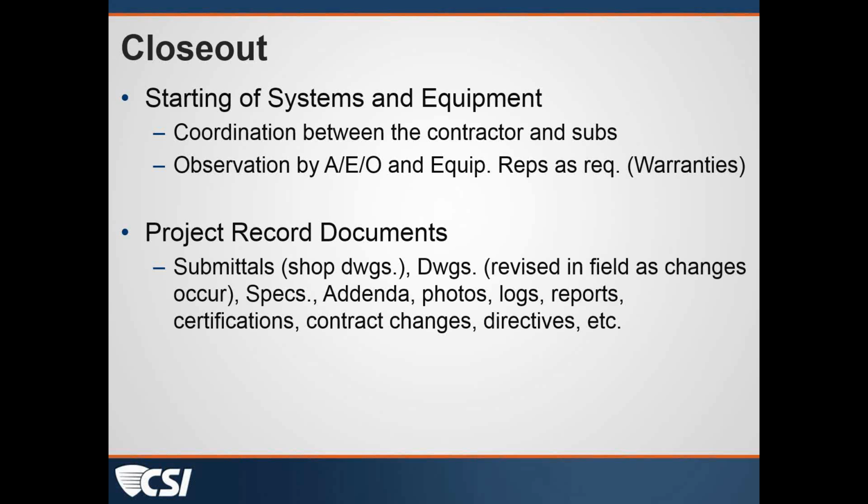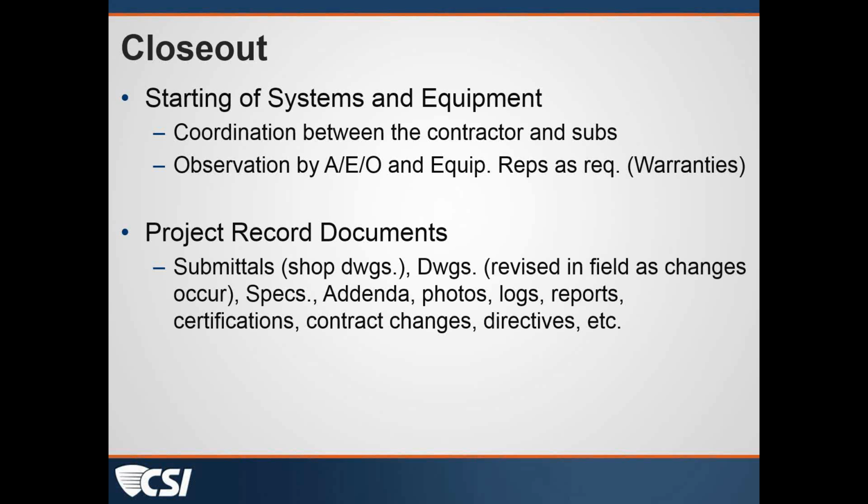A lot of times the commissioning agent will also want to be a part of that startup process, and so you need to remind your contractor of that so that he coordinates with the commissioning agent as well. That's right, and there may be testing type services that for some pieces of equipment would also need to be there.